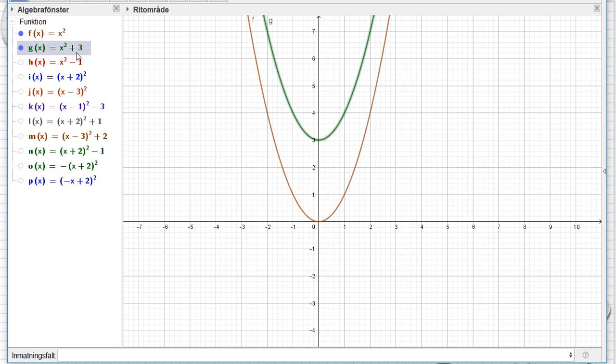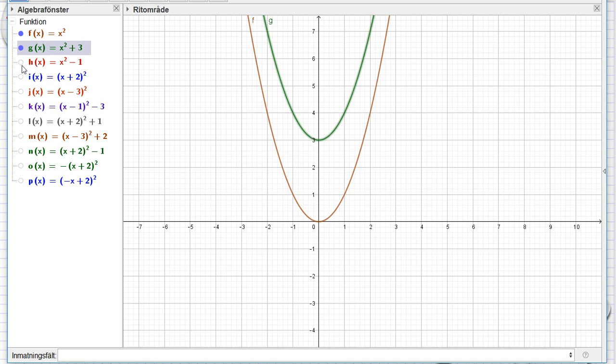So when you add a constant to the function, it changes only the vertical axis.